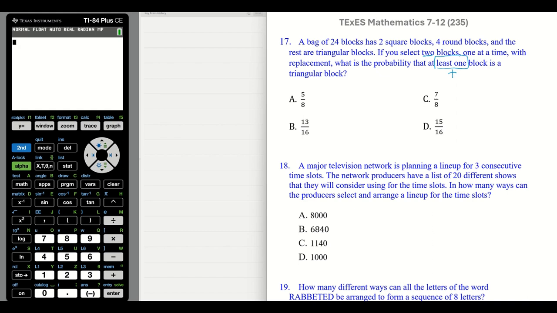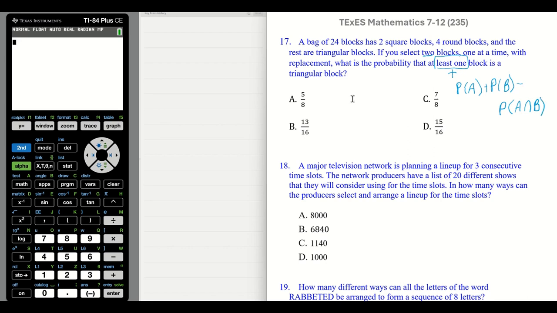So we need to subtract that. So I am seeing a situation where we add and then subtract out our repetition. That formula is the probability of A plus the probability of B minus the probability of both, which is A union B.